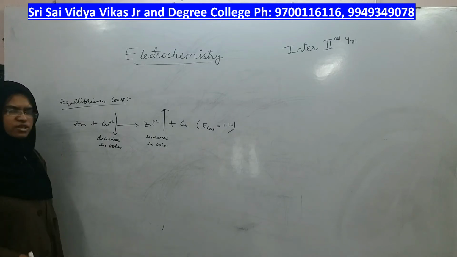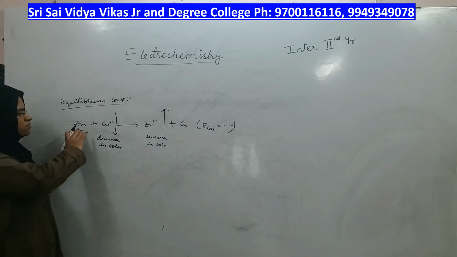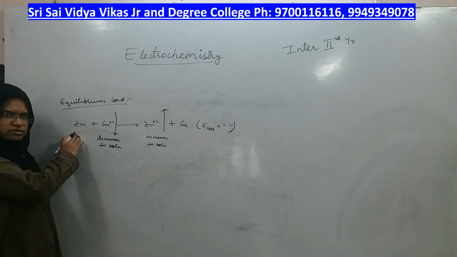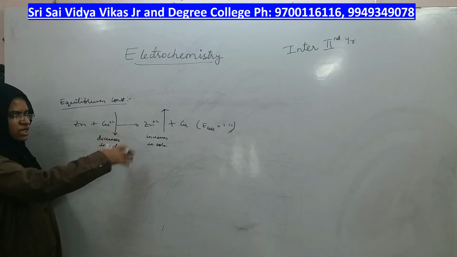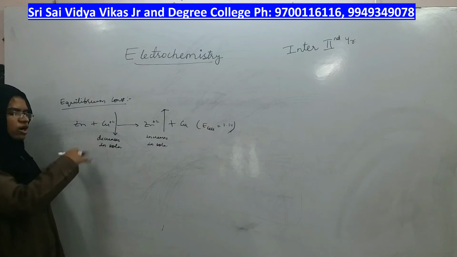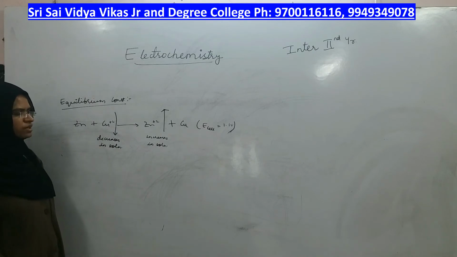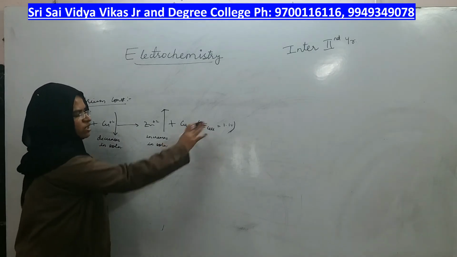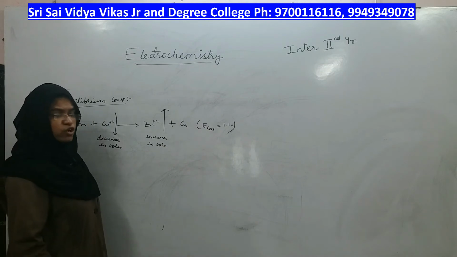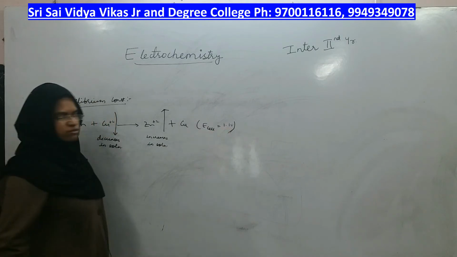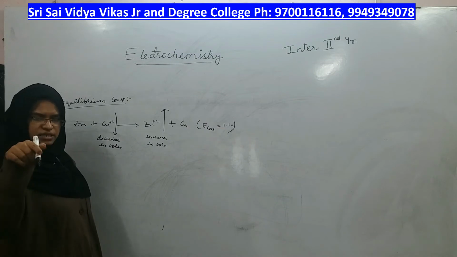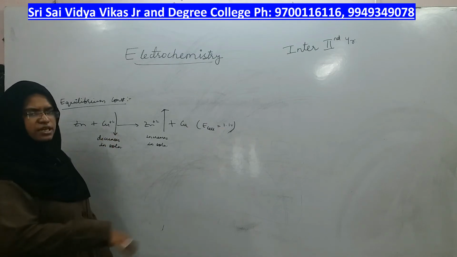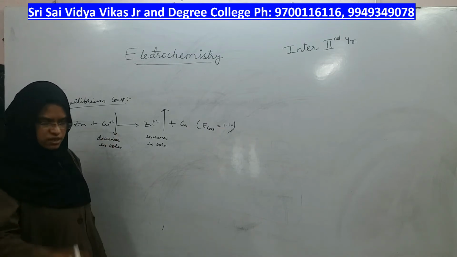Finally, you will come to a point where all the zinc atoms which can possibly oxidize are over, and all the copper ion concentration which can possibly reduce is over. So the cell potential value becomes 0 volt. At that point the cell can no longer work.